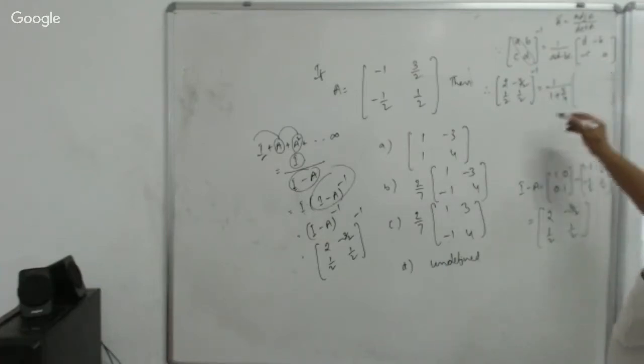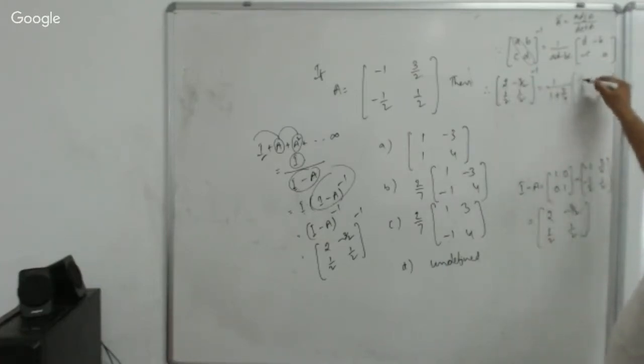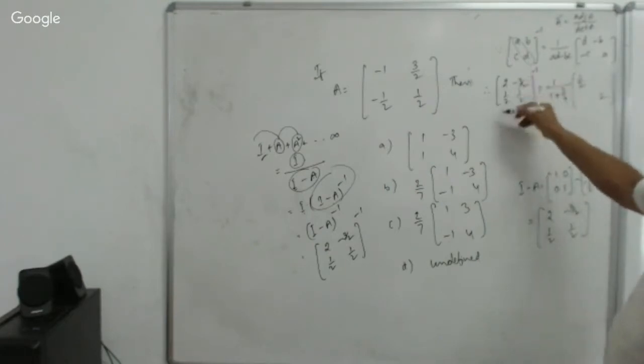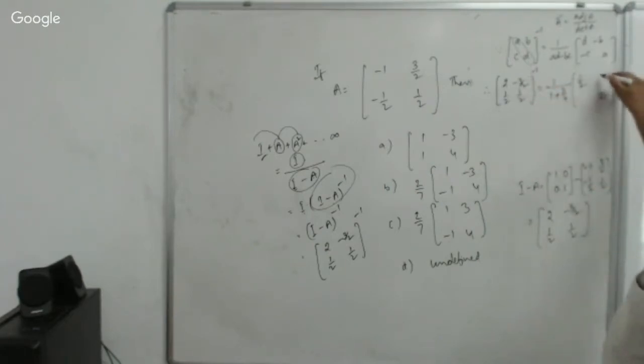Into, just interchange these and multiply the other two elements by minus 1. It is plus 3 by 2, it is minus 1 by 2.